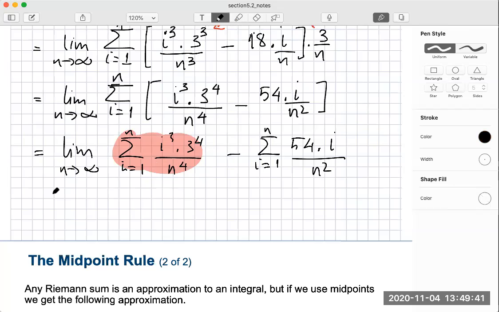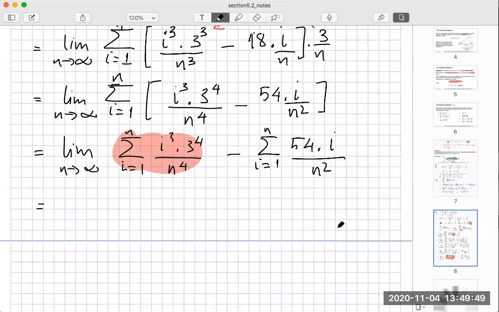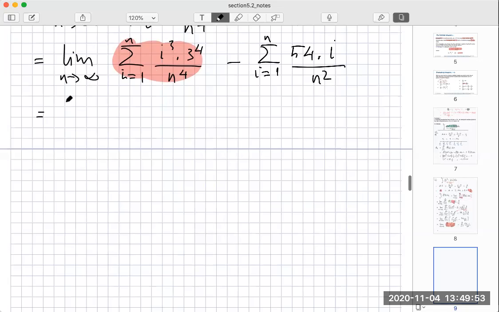I think we can write it in a better way. In order to apply the formula number 7 here, I think it should be better if we, yeah, it's fine. So we should be very careful.